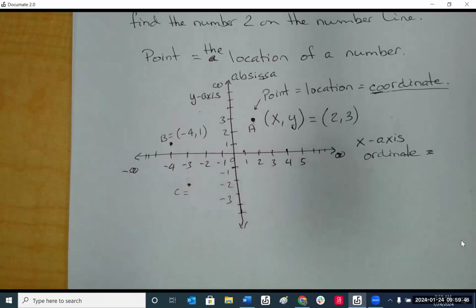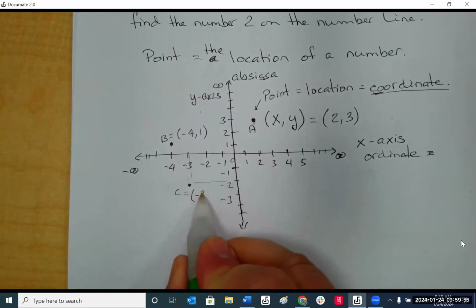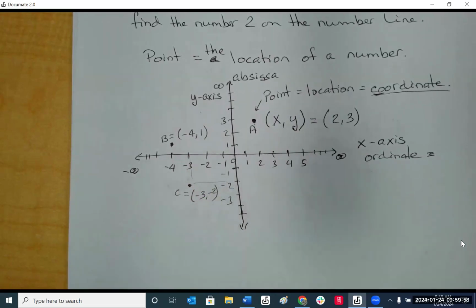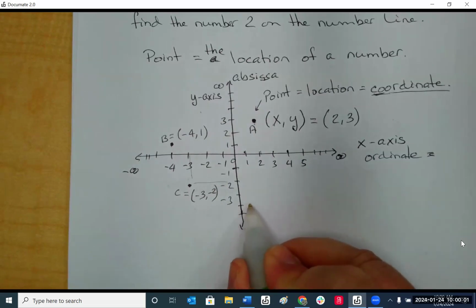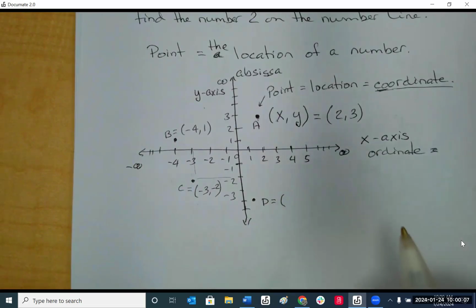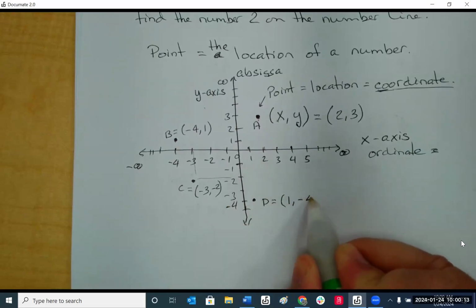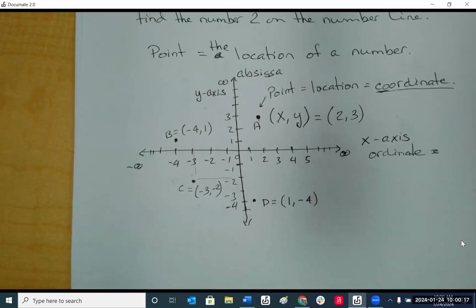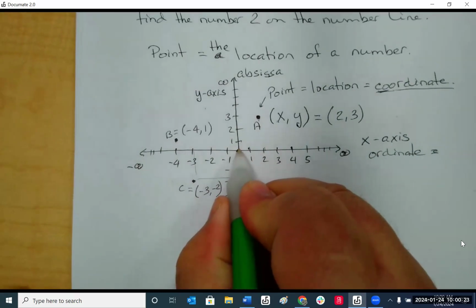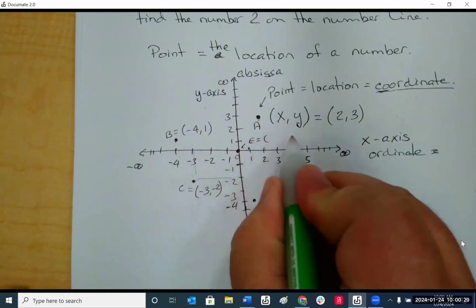The location of C? -3, -2. And location of D. What's the location? Here's E. What's the location of E?